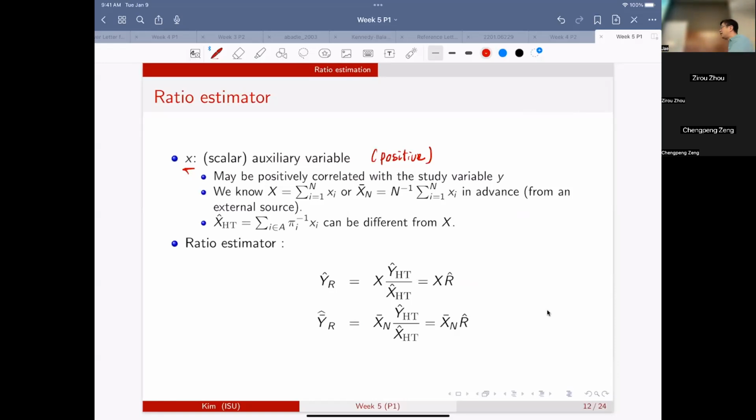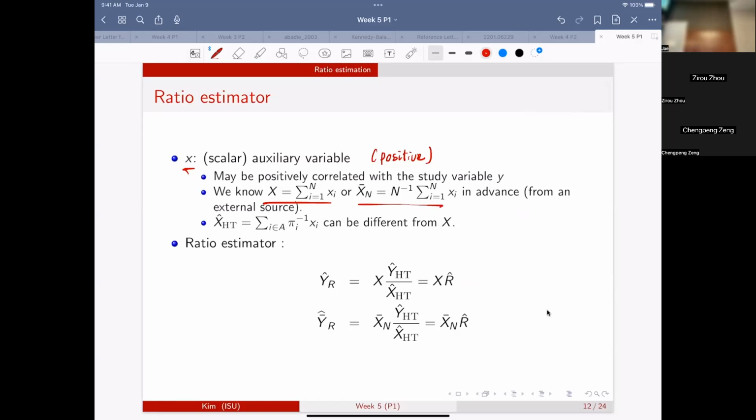So one presumption is that x has to be a good predictor for y, in some sense. And one important assumption is that we should know the population mean or total of x from an external source, not from the sample.